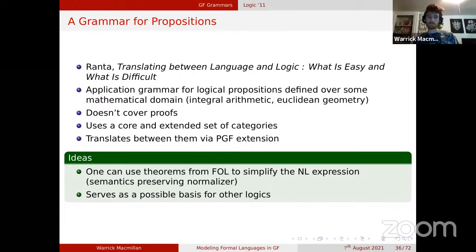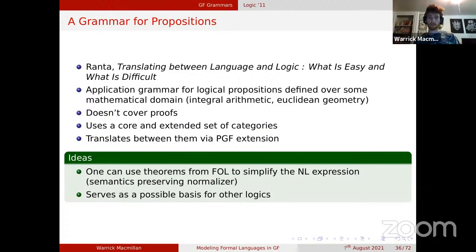Basically he's defining a grammar for types, but expressed in the logical tradition, not the type theoretic one. And he gives some explicit normal mathematical domains that anyone who's been through grade school knows, like arithmetic and geometry. But it doesn't cover proofs.